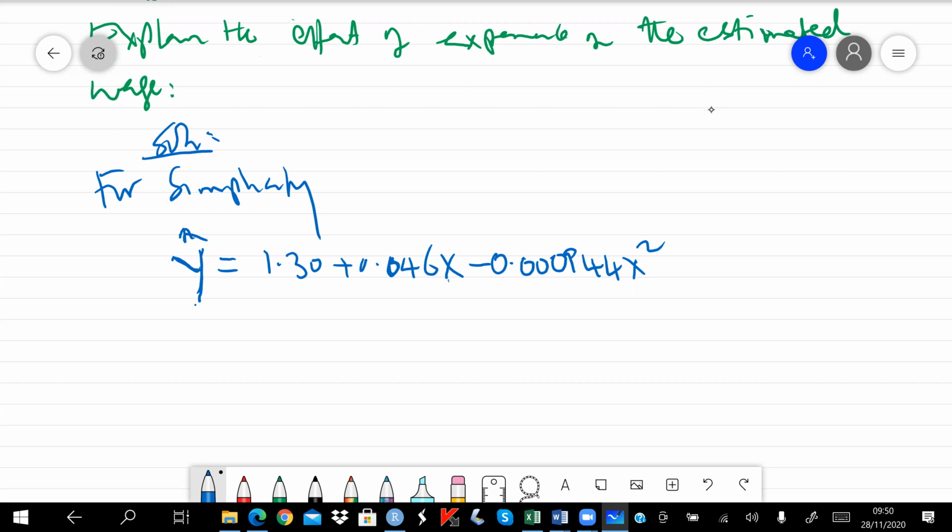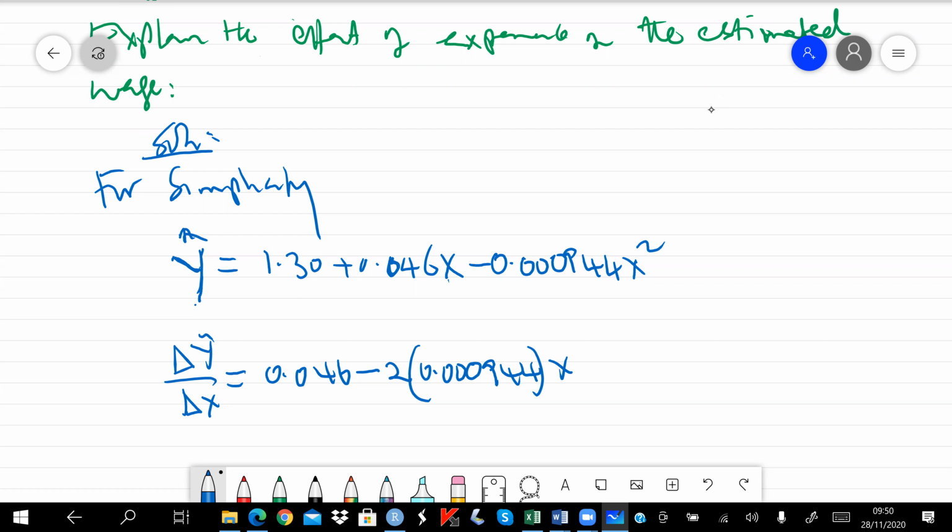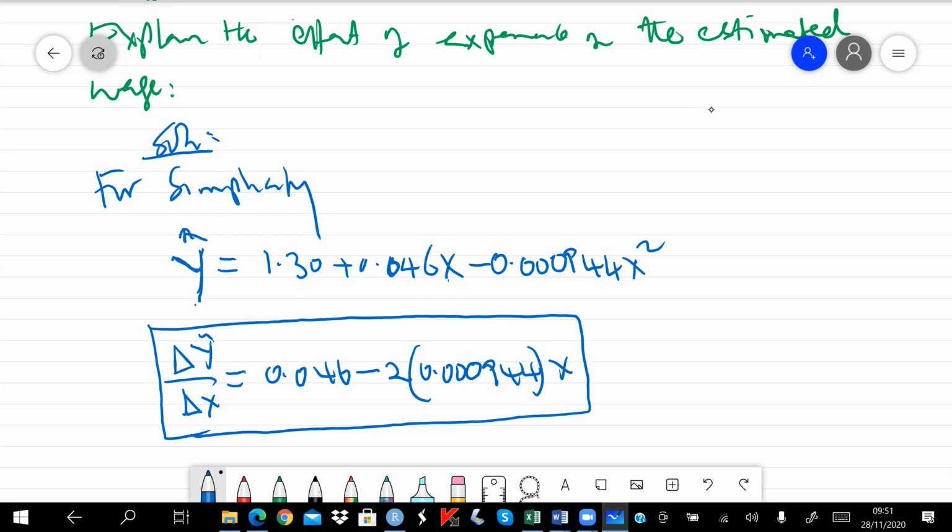From what we have said, the derivative of Y with respect to X is given by 0.046 minus 2 times 0.000944 of X. So this is the slope of this function here.